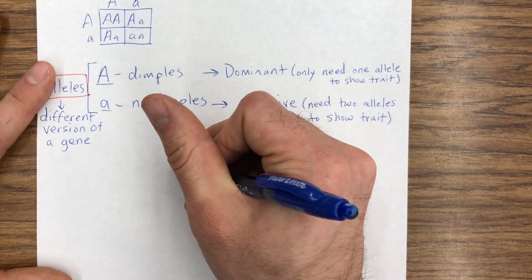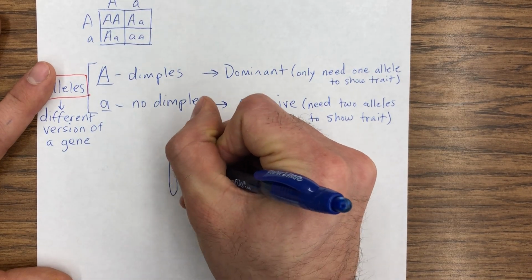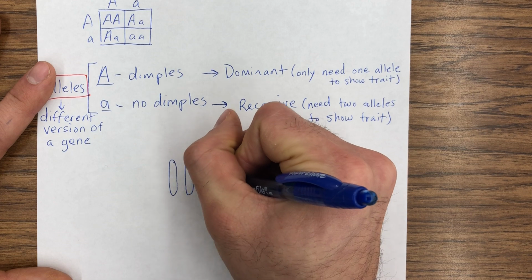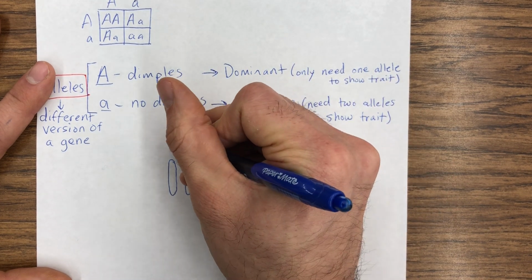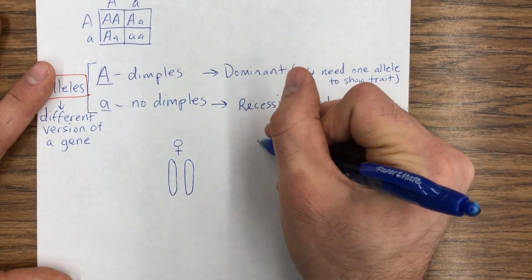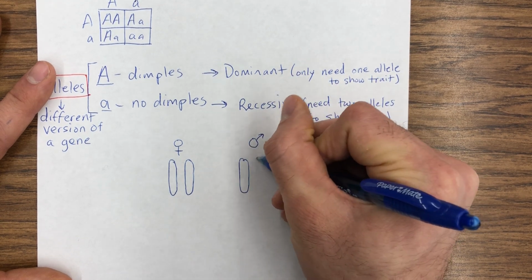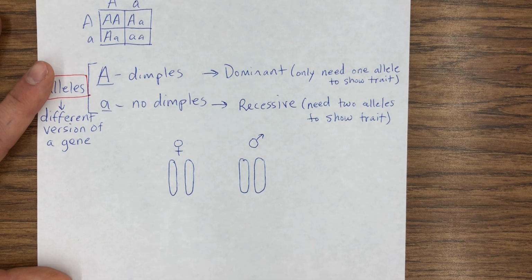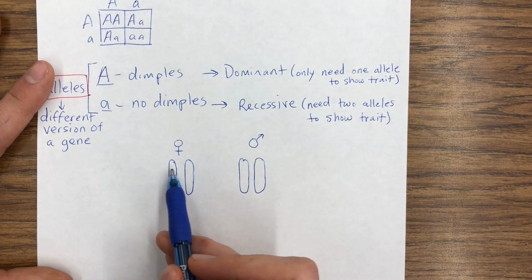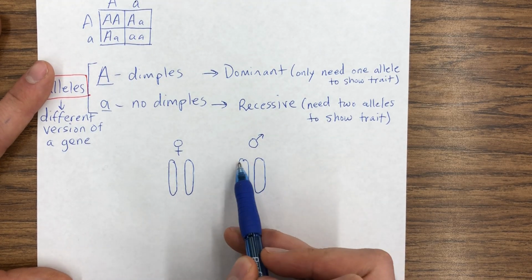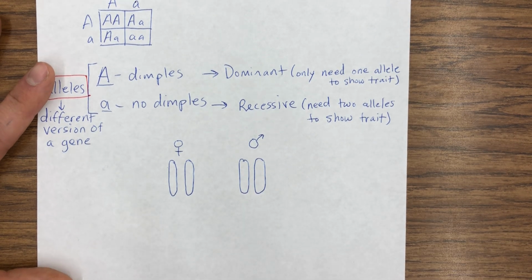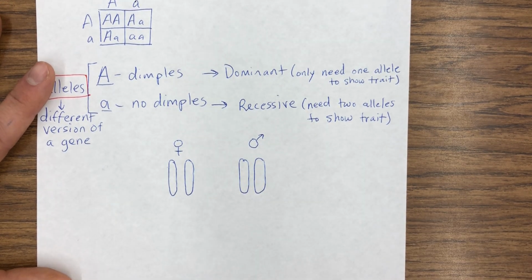I'm going to draw their chromosomes. Let's say this is your mom, and this is your dad's chromosomes. On their chromosomes, remember there are hundreds of different genes. We're just going to show one gene, the gene for dimples or not.